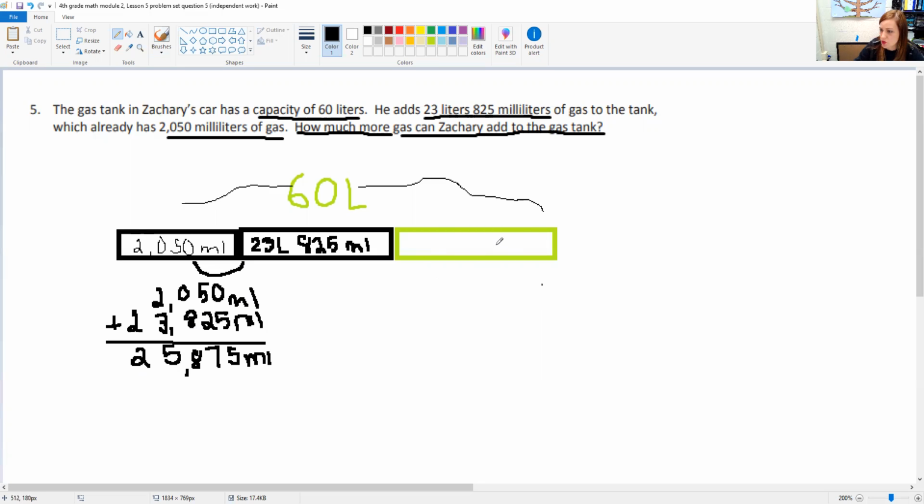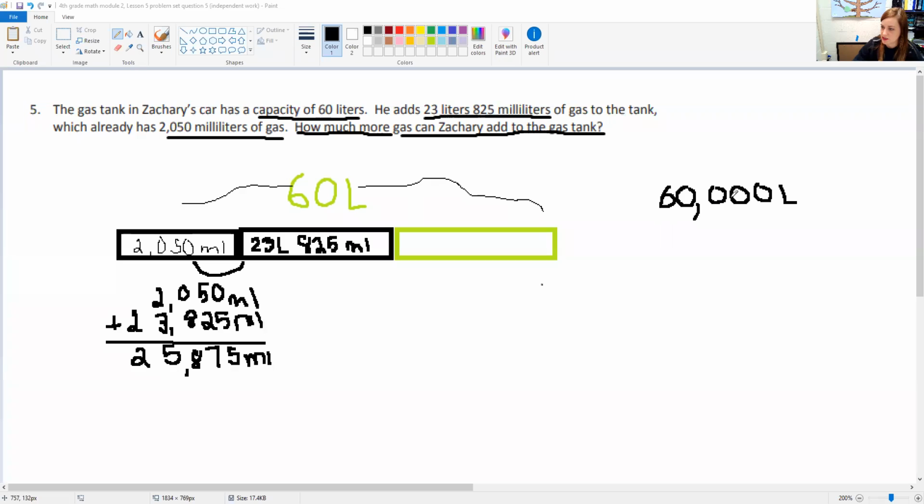I still have to figure out how much more. I know how much the whole gas tank takes, and I know how much is in there right now. So what did you do to figure that part out? You should have subtracted. So you have 60,000 is how much it totally can take in liters. Okay, so let me stop this for a second.